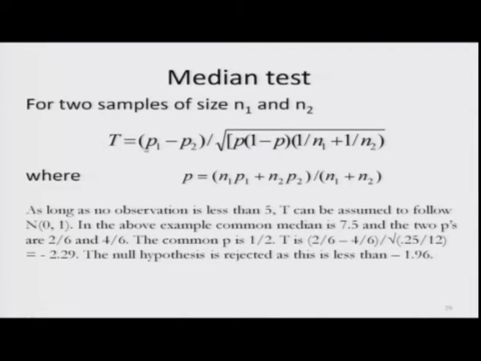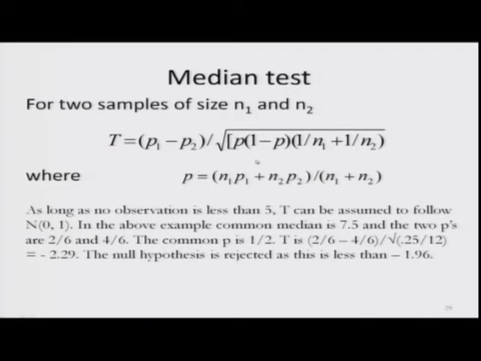Let T be defined as P1 minus P2 divided by the square root of P into 1 minus P, times 1 upon N1 plus 1 upon N2. Here P is the proportion obtained by this formula.